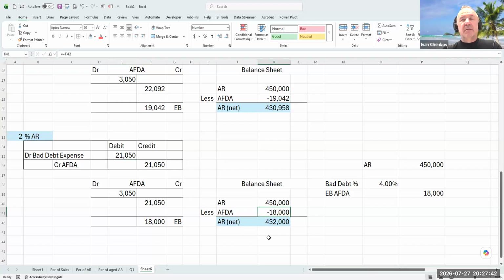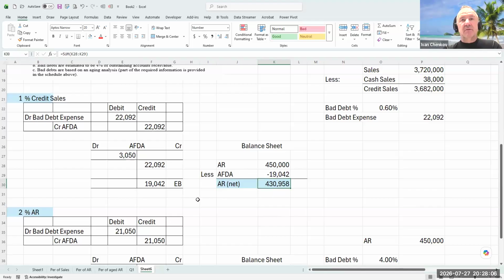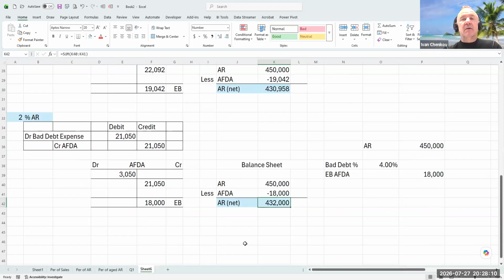And presentation on the balance sheet is going to be: accounts receivable 450,000, minus allowance for doubtful accounts ending balance 18,000. So my net accounts receivable is going to be 432,000. So if I'm using the first method, my accounts receivable will be 430,000. If I'm using the second, it's going to be 432,000.